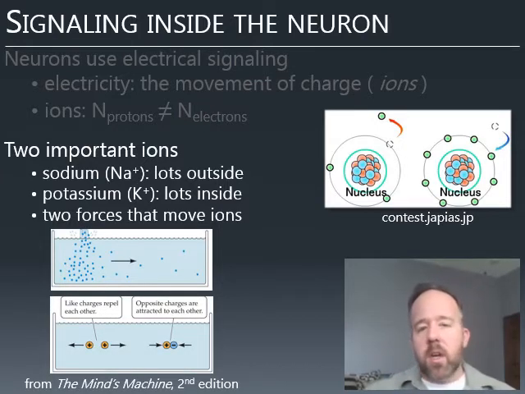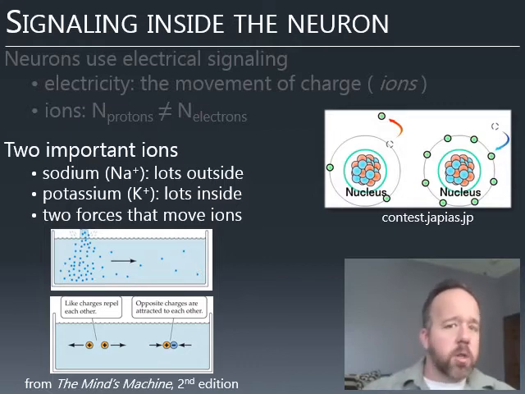The other force is electrostatic. And all that means is that like charges, that is, if they're both positive or both negative, they tend to repel one another. If they're opposite charges, they tend to attract one another, just like the opposite ends of a magnet, for example. So here, we don't have any negative charges to worry about yet. It's just two positive ones. And so sodium ions tend to repel other sodium ions, but sodium and potassium ions will also tend to repel each other because they're all positively charged.